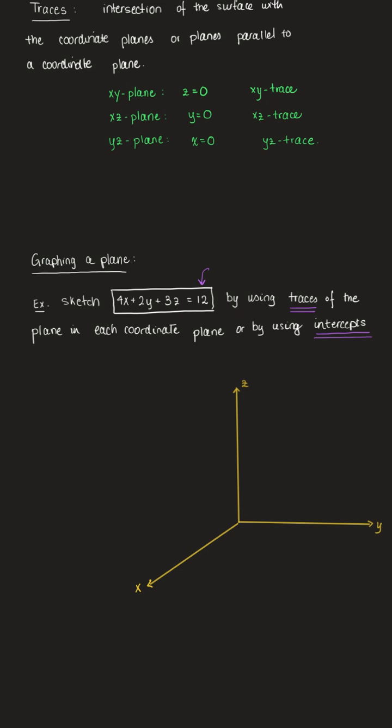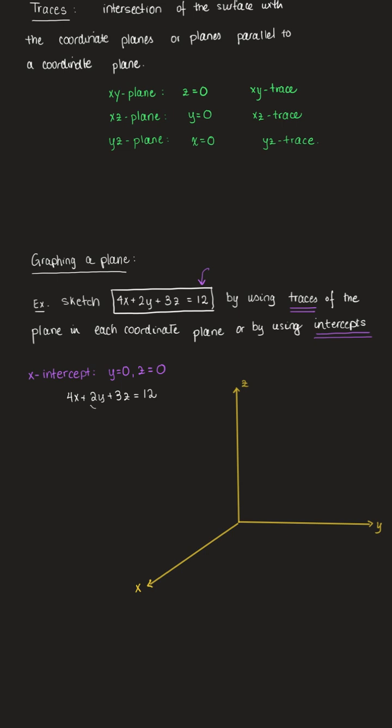So to use intercepts, if I want the x-intercept, so where our plane intersects the x-axis, any point on the x-axis has y equal to 0 and z equal to 0. So what I'm going to do to find the x-intercept is take our equation 4x plus 2y plus 3z equal to 12 and plug in y equals 0 and z equals 0, and that will give us the x-intercept.